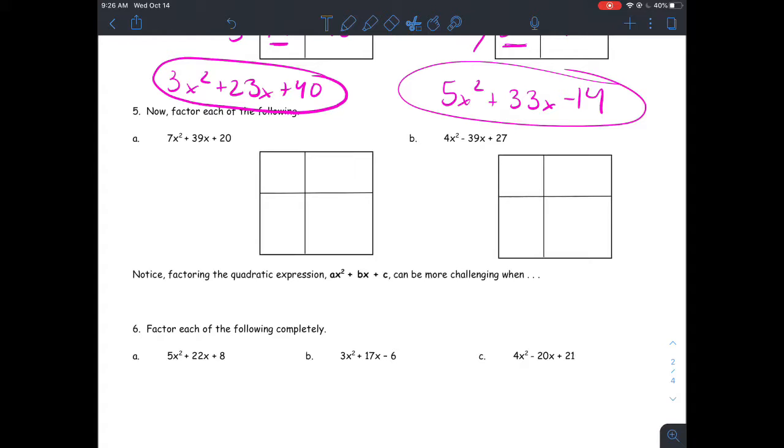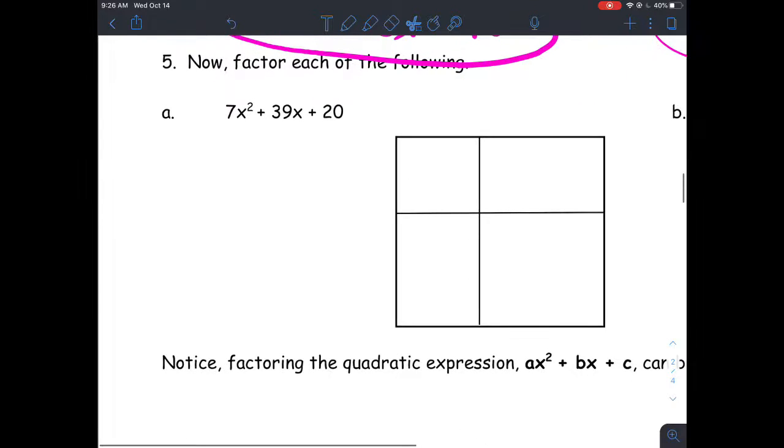All right, so now for number 5, it tells you to factor. So we're going to use that method that we used earlier, where we first check to see if there's any greatest common factor we can pull out. We cannot, so we're going to multiply the first and the last number. So we get 140. That's kind of a big number, right?